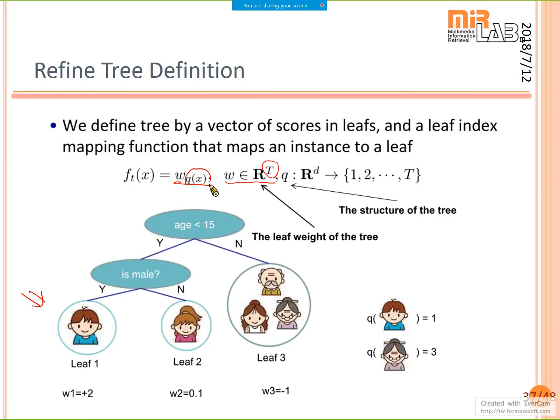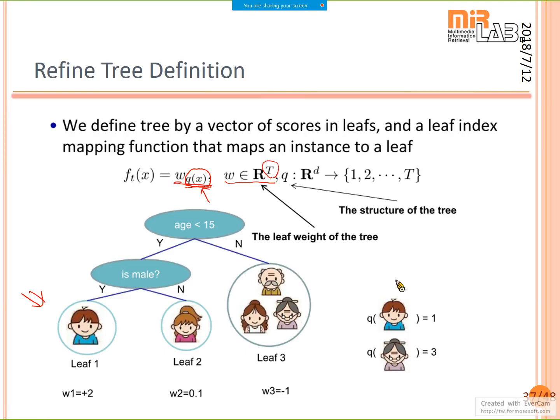Here is an example of q of x. q of x indicates, when given an instance x, which is the corresponding leaf the instance will reside in.